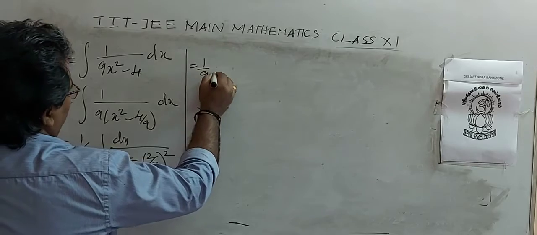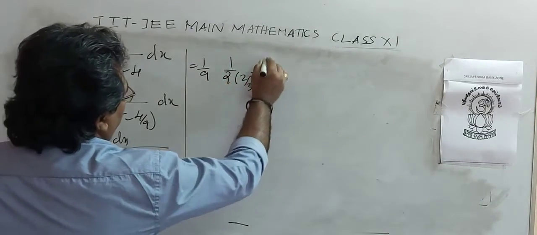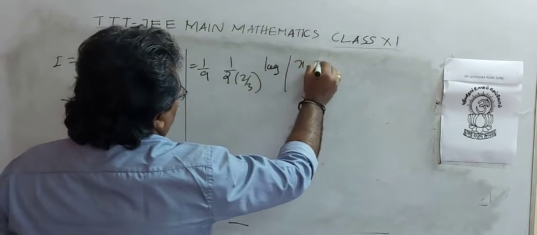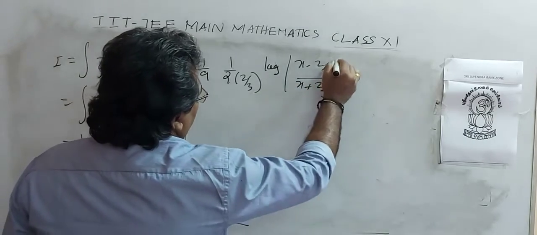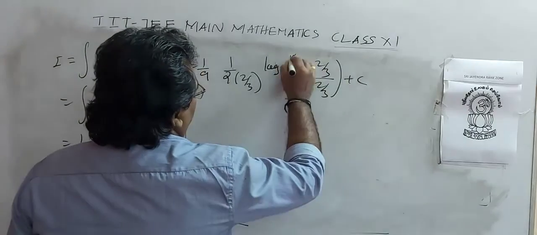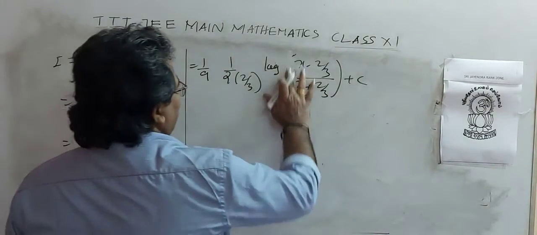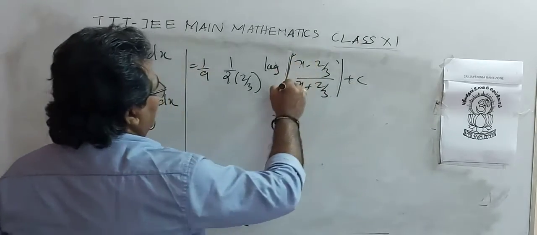Then 1 by 9 into 1 by 2a log of (x minus 2 by 3) by (x plus 2 by 3). Even sometimes you can write within the modulus sign.